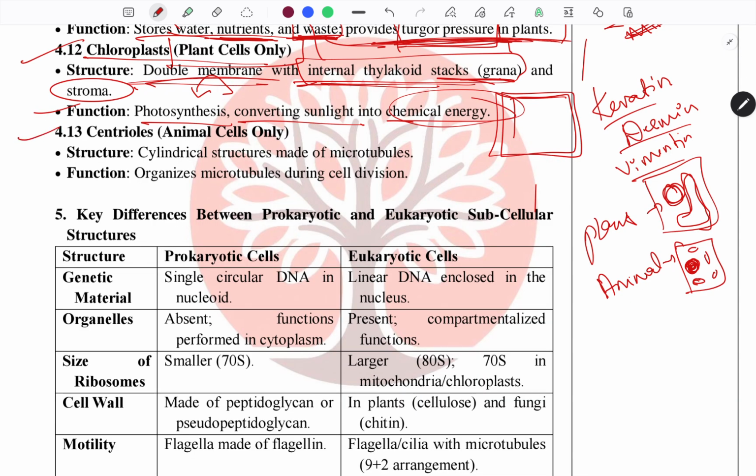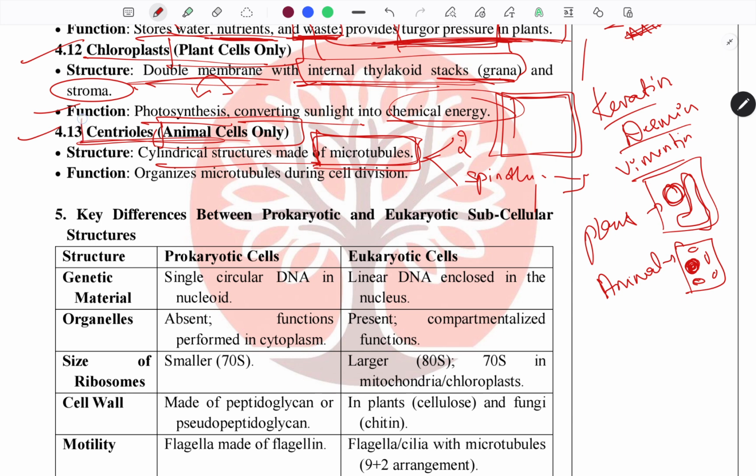The next part of the eukaryotic cell is the centriole. These centrioles are present in animal cells only, and it is a cylindrical kind of structure. It is made up of microtubules. While explaining microtubules, I explained two functions of a microtubule. One is formation of spindle fibers during cell division.